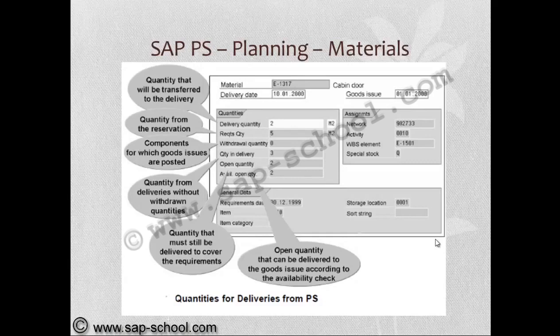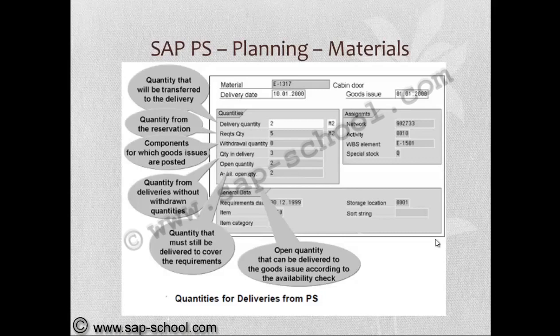Now, if you see the quantities for deliveries from the project system, we can see the various quantities being used over there, like delivery quantity, requirements quantity, withdrawal quantity, quantity in delivery, open quantity, available open quantity. Delivery quantity is what will be transferred to the delivery, and requirement quantity is what we have entered in the reservation.